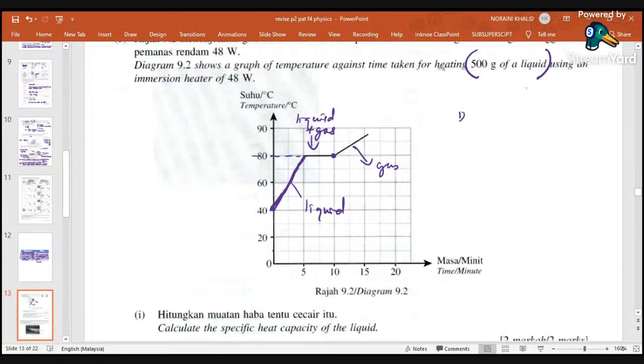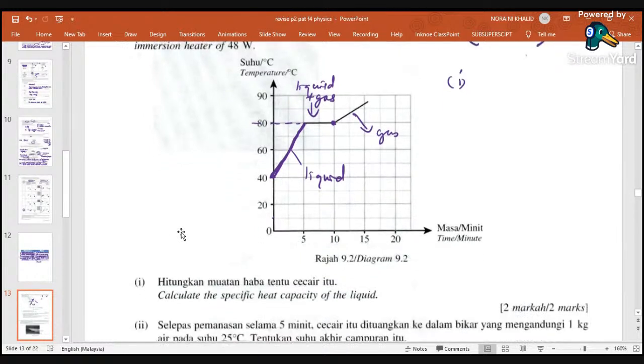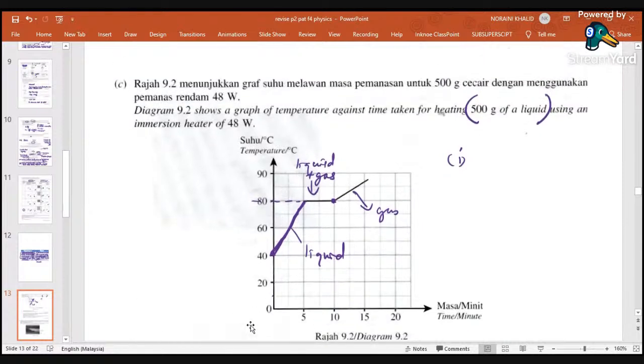Okay, let's look at how to calculate. The heat is supplied by the heater. So Pt equals mc theta. The heat energy causes the temperature to increase, a change in temperature. No change in state of matter. Okay, so 48, time taken 5 minutes, you convert to second.